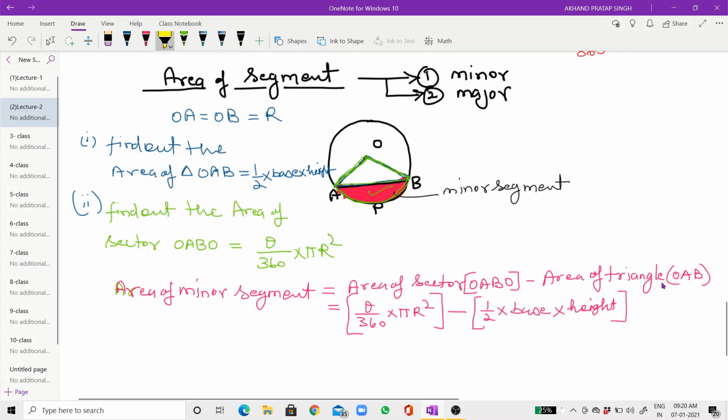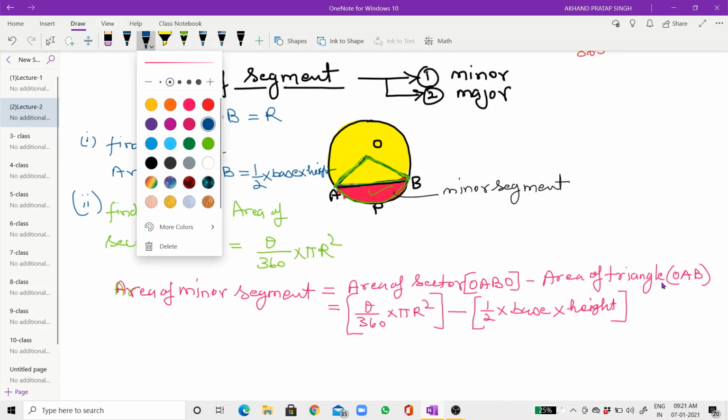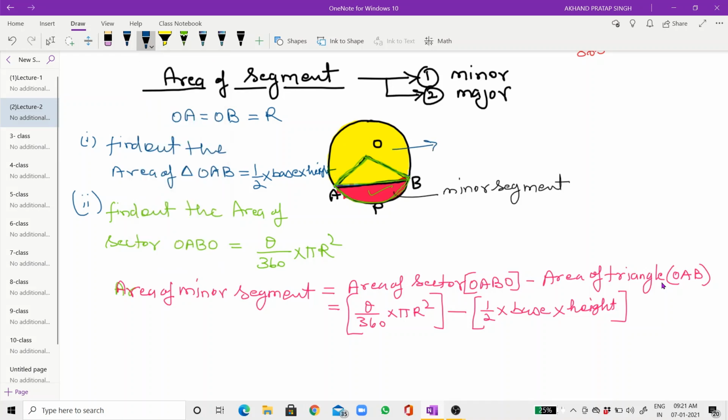So this yellow portion, this yellow portion is the area of my major segment.